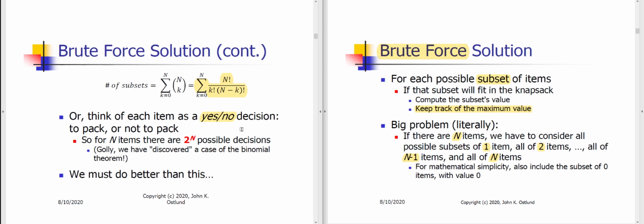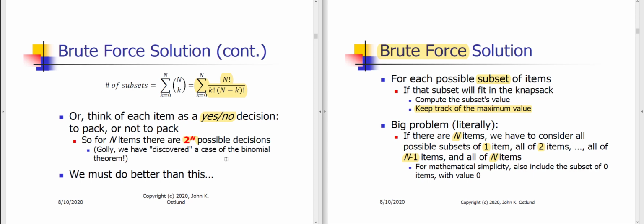That means we have a yes or no decision for n items, which means that we have 2 to the n decisions that we can make, and so that is another way of computing the number of possible sets of items that we can take. And it turns out, sure enough, by the binomial theorem, that this sum of all of the possible combinations of the various different sizes of sets is, in fact, 2 to the n.